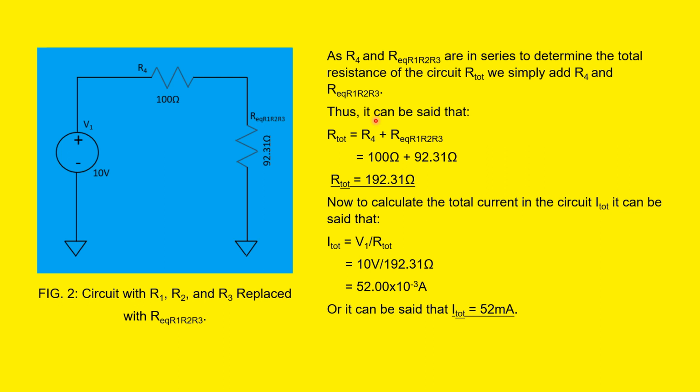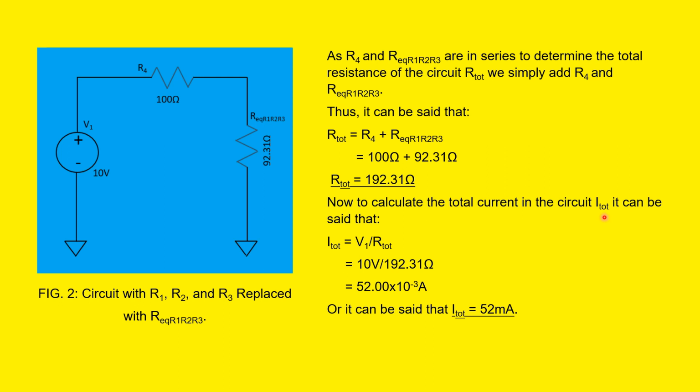It can thus be said that R total, here abbreviated as RTOT, is equal to R4 plus the equivalent resistance R1, R2, R3, and that is 100 ohms plus 92.31 ohms, which gives us R total as 192.31 ohms.